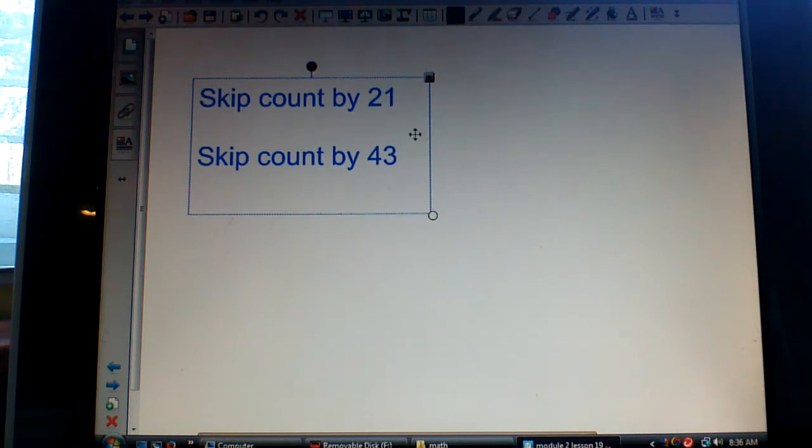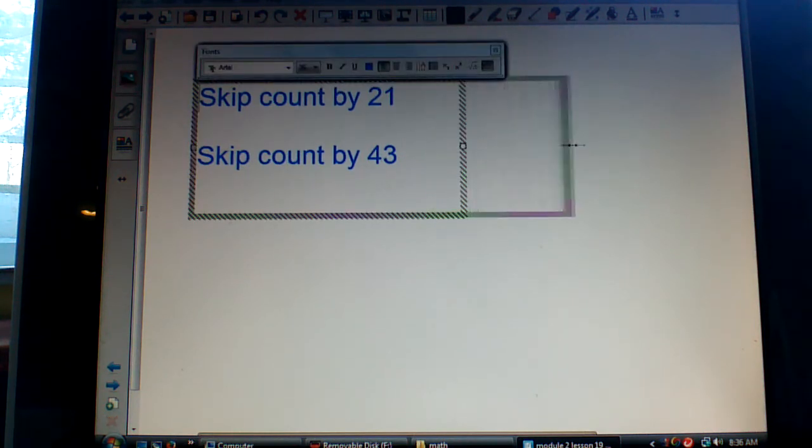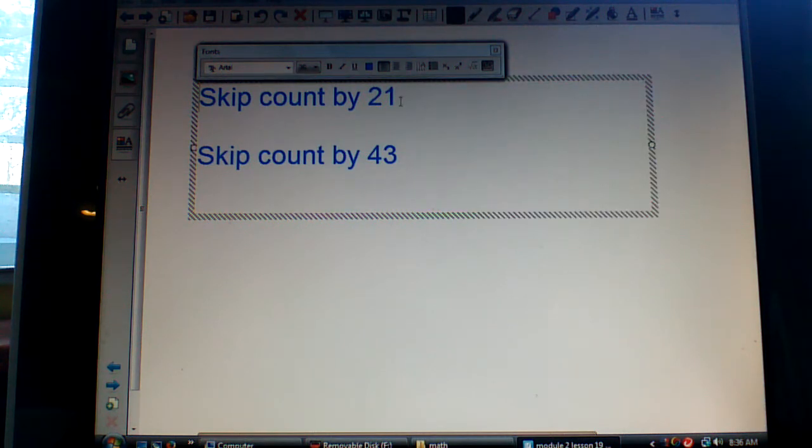Okay, so here we go. As a review, or just sort of like a point to make, is you can skip count by anything. So if we're going to skip count by 21, what would our next number be? You're going to add 21, so it would be 42. And your next number after that, so you're going to add 21 to 42, and you're going to get 63.